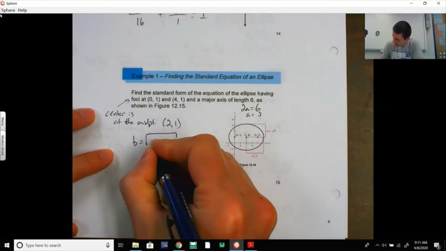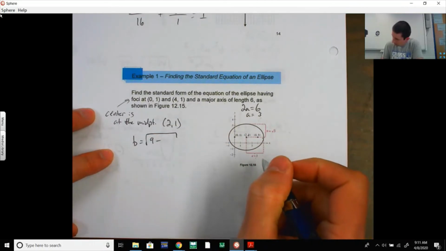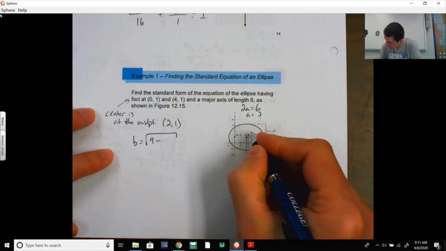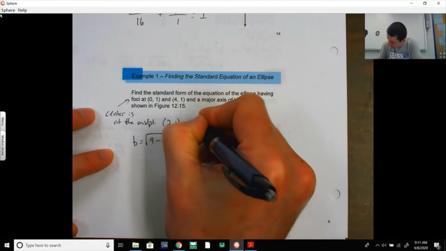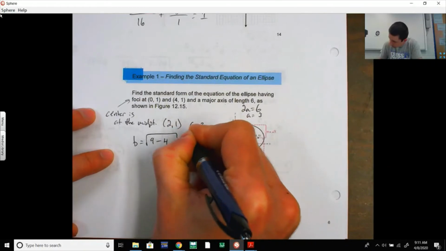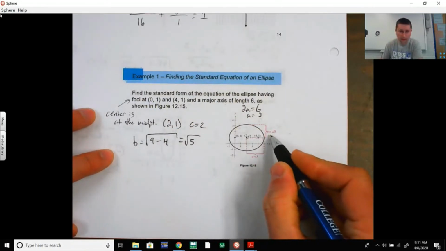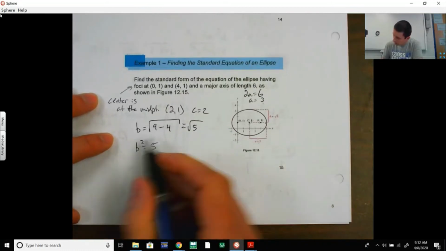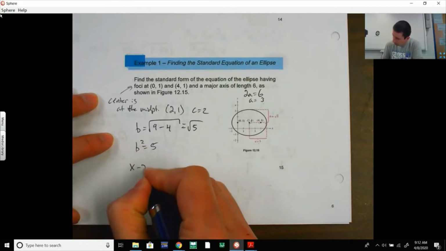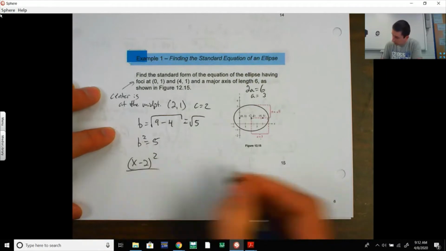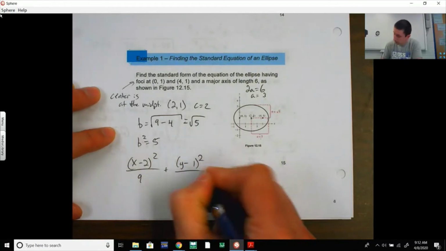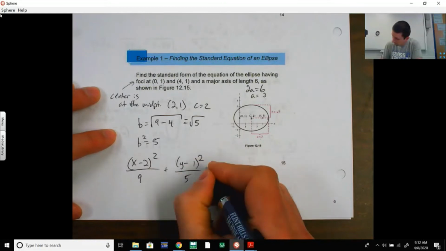A is 3, so 9 minus C squared. C is the distance from here to here, which is 2. So C equals 2, so 9 minus 4, so that's the square root of 5, which is what they have here. B is the square root of 5. So B squared equals 5. So we're going horizontal, so we have x minus 2 squared over 9 plus y minus 1 squared over 5 equals 1.